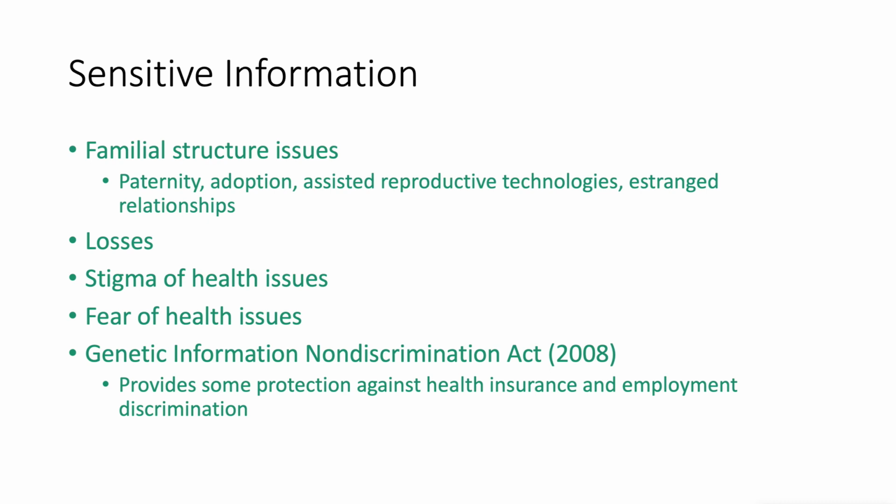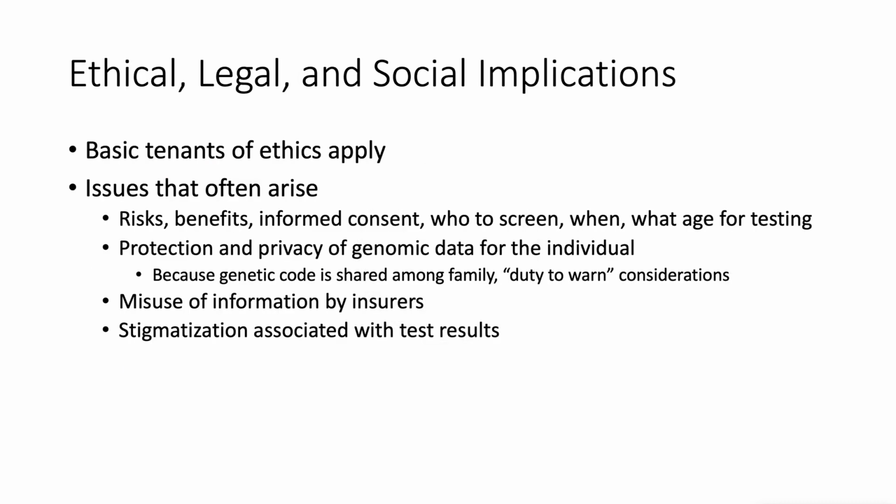So if you're a health insurance company, you would like to know who is likely to develop a cancer or heart disease or something based on that genome, and you might choose not to insure those people because they're going to have more claims in the future. For that reason, GINA was created. It doesn't provide perfect coverage, but it was a start.